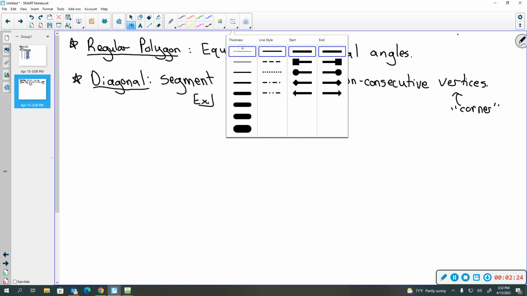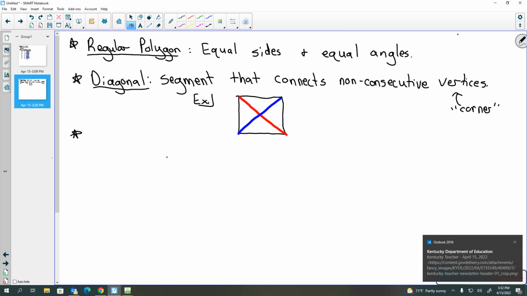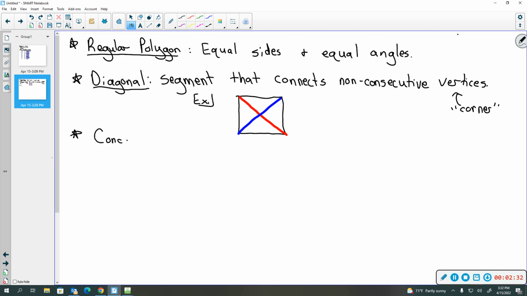Now, your next definition is something called concave versus convex. A concave polygon is one that's like it's caved in on itself, where your diagonals would actually be outside of your shape.